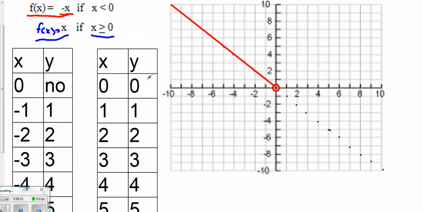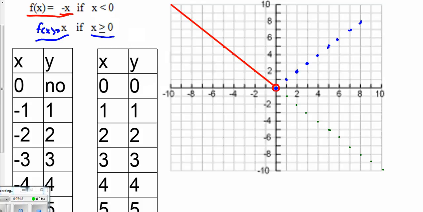F of x equals x. If I plug in 1, I get 1. If I plug in 2, I get 2. 3, I get 3, and so on. So those would make the values right here, the blue one, right here, right here, and here, and here, and so on. For every x that we're putting in, we get out the exact same y value.